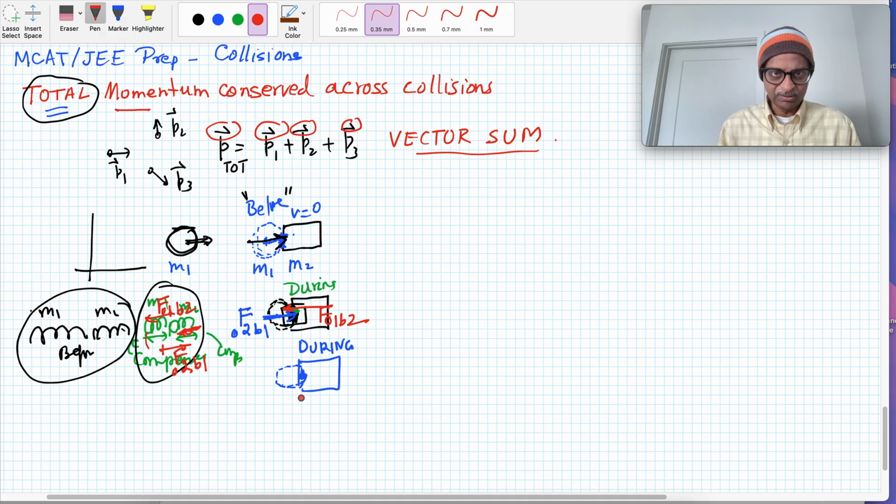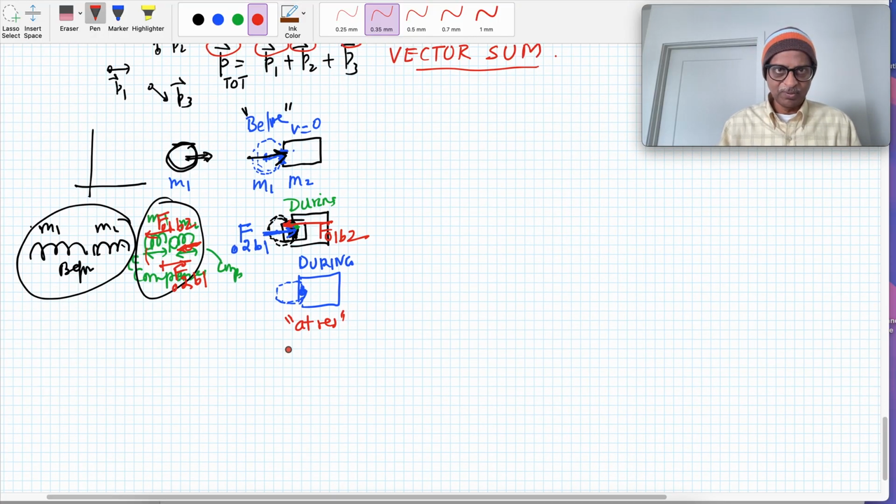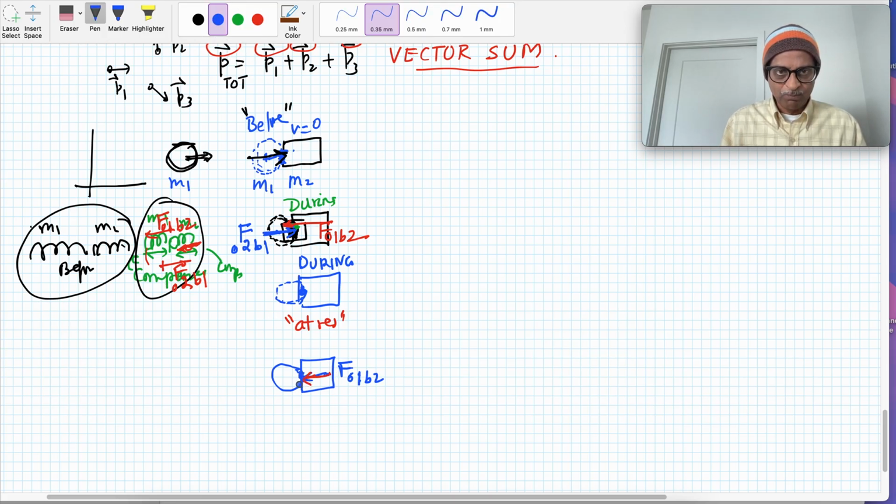During this, it is at rest, and then the process starts to unwind. Now it's got a force on 1 by 2. We'll use the same color pen for this one. It's unwinding.